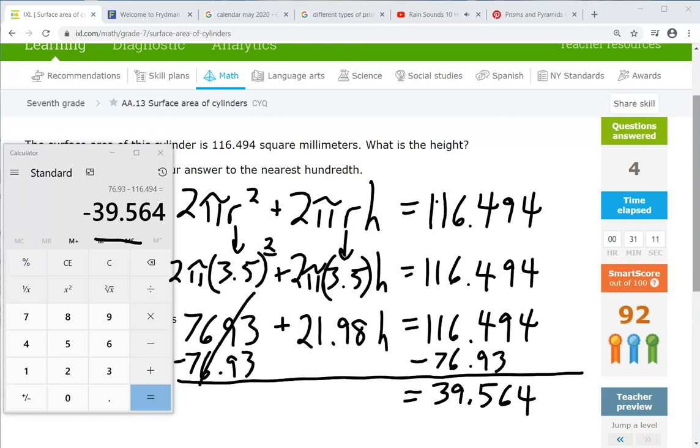So we have 21.98H, and then our last step is to divide by 21.98 on both sides.